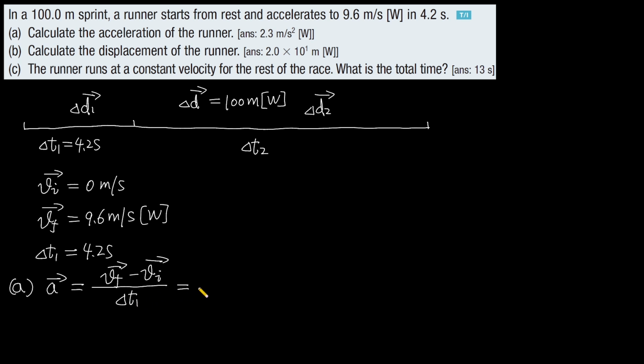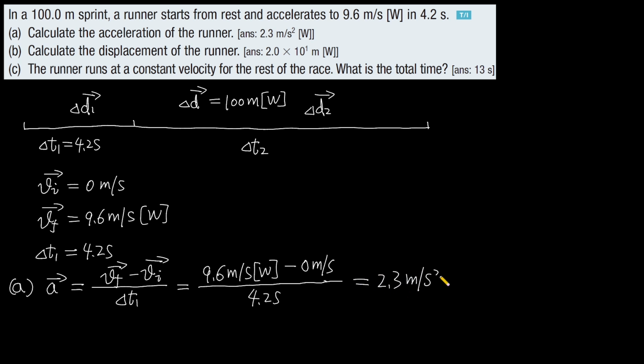And this equals final velocity 9.6 meters per second west, minus the initial velocity 0 meters per second, divided by time interval 1, 4.2 seconds, and this equals 2.3 meters per second square west.